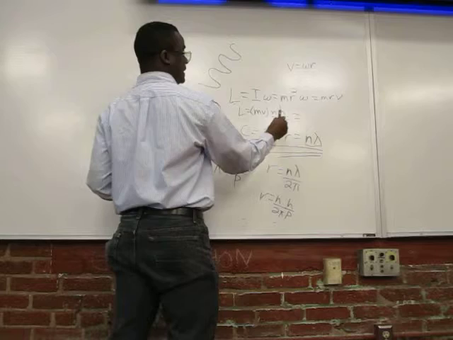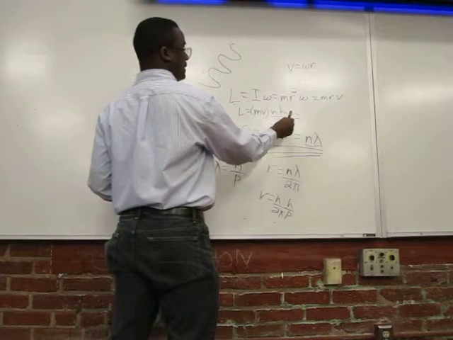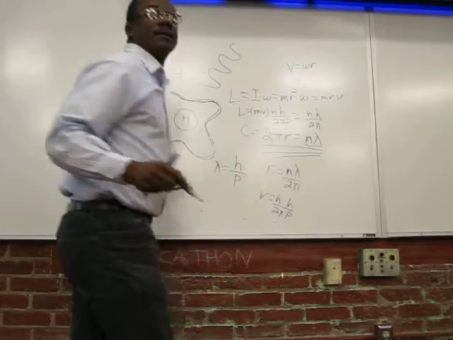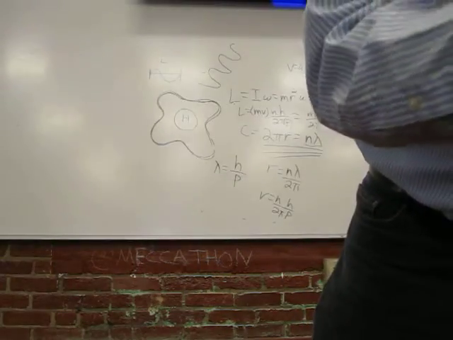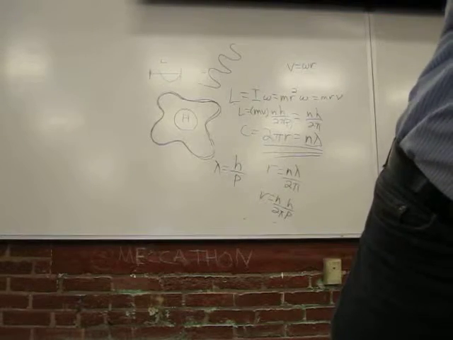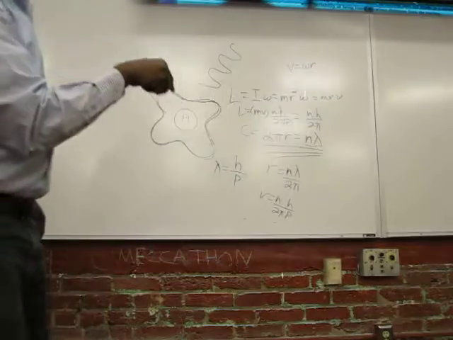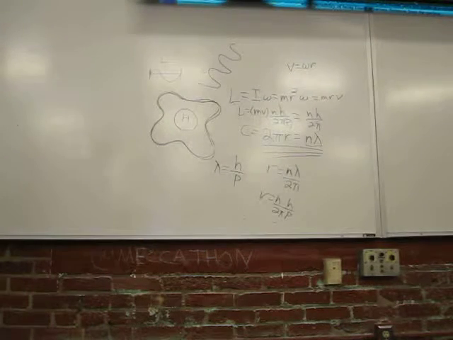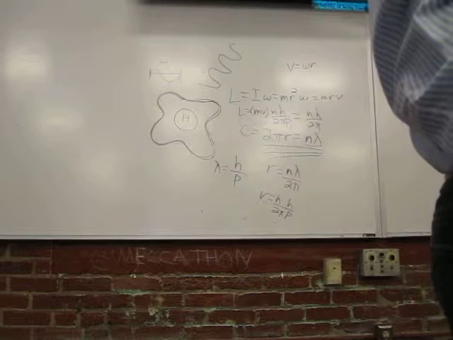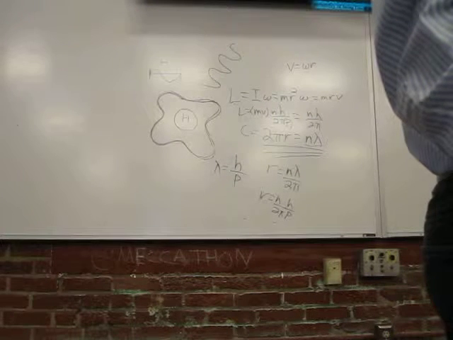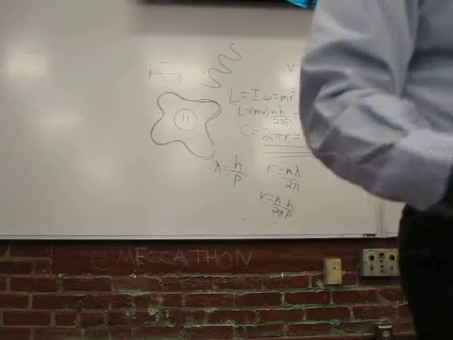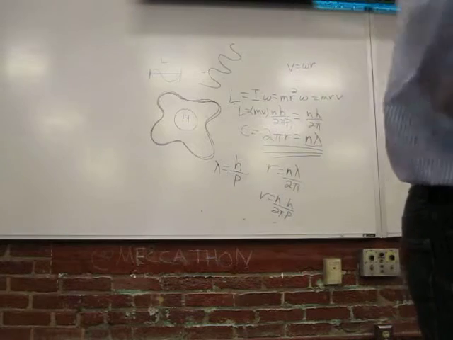But if you recognize this is momentum and this is also momentum, so they cancel out, so you get n h over 2 pi. So that's how you get that equation in your book, the quantization of angular momentum, 30.8. Okay, so let's work out a problem that uses this idea of quantization of energy.